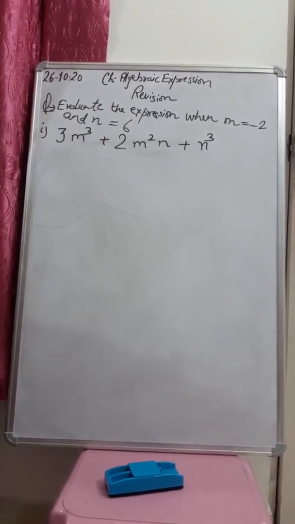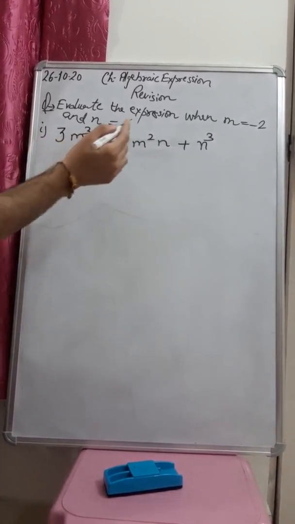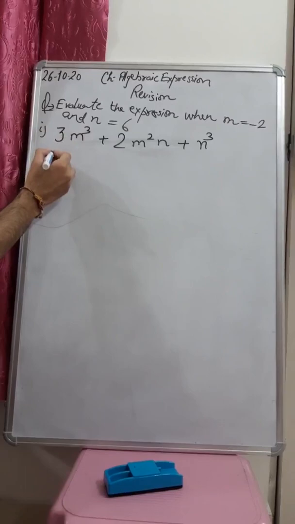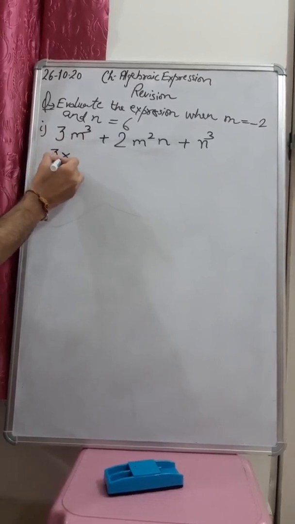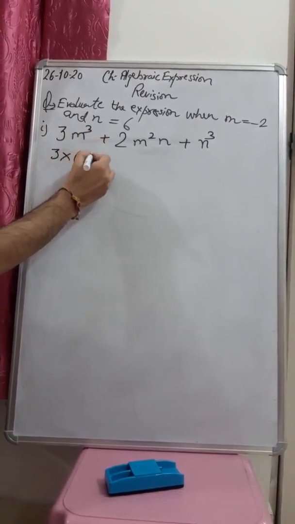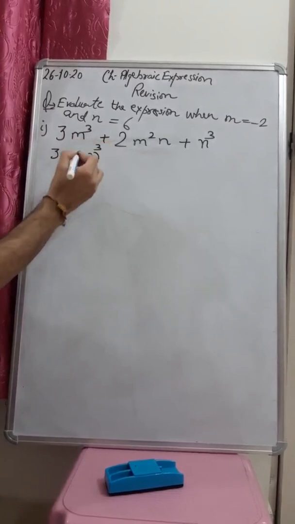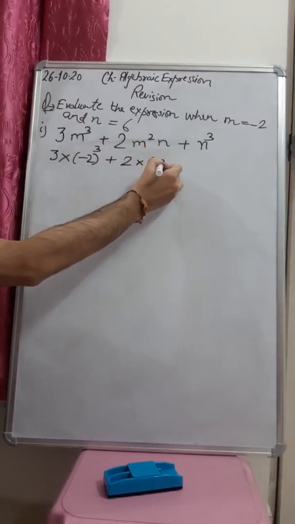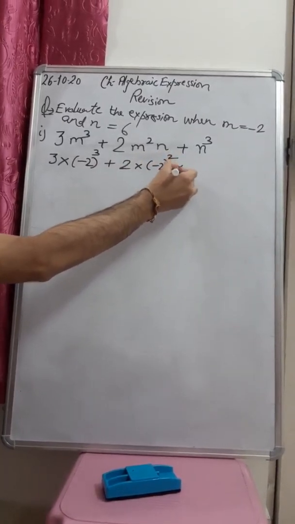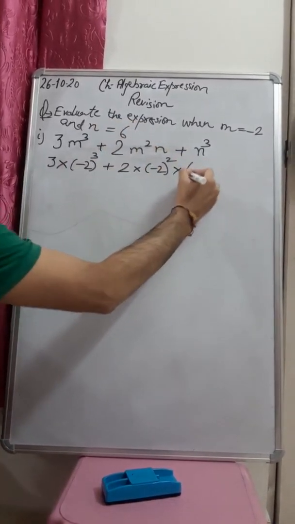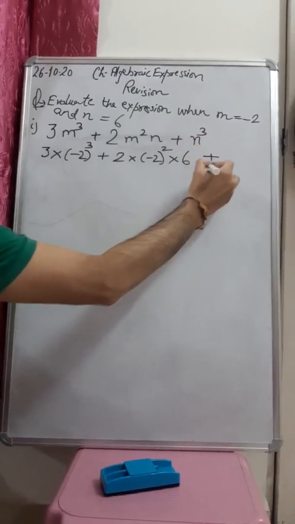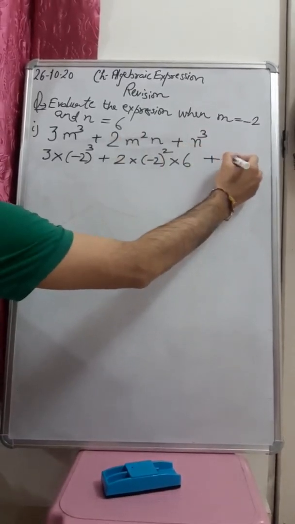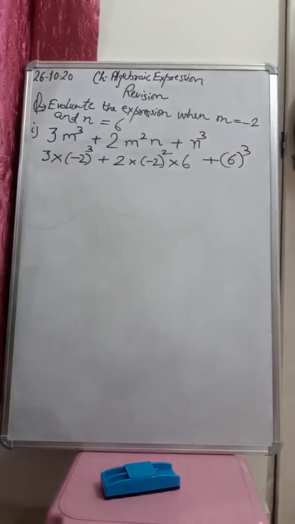So that means here we have to substitute the values of m and n. So 3m cube means 3 multiplied by minus 2 raised to power 3, plus 2 into minus 2 raised to power 2 into 6, plus 6 raised to power 3.